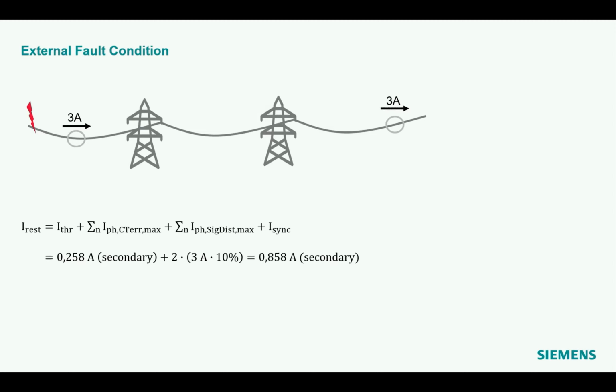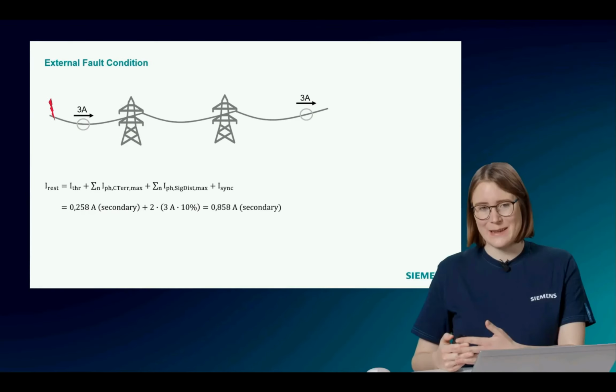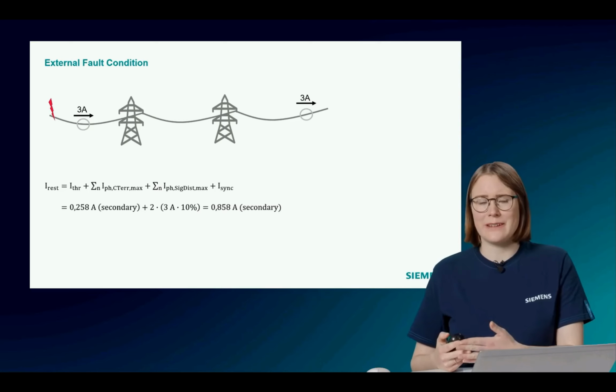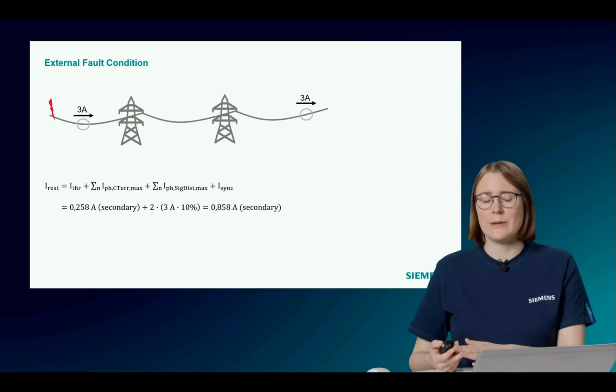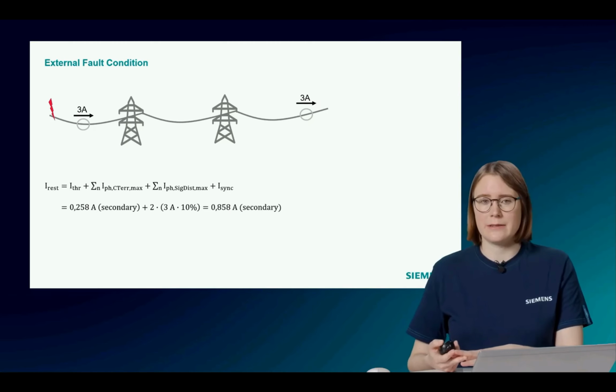our 0.248 amps secondary. But yeah, main point on this slide is that this time when we have current flowing bigger than 1.5 times nominal current, then we have to use this CT error B, so this 10% for the CT error.